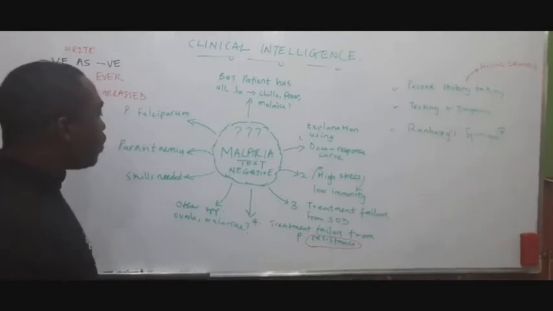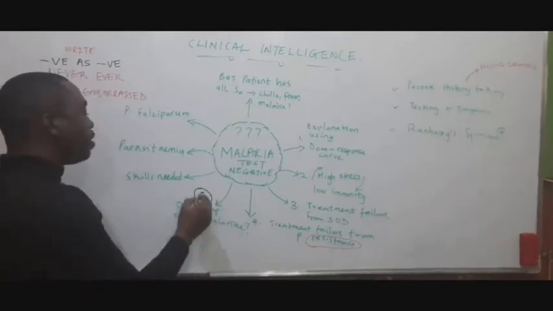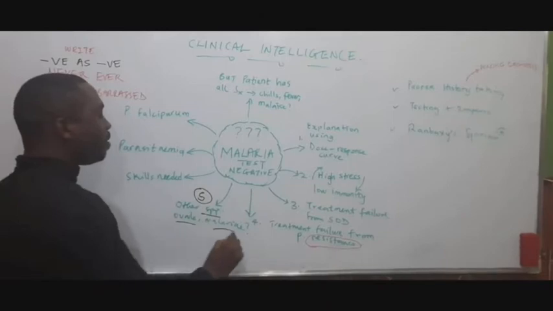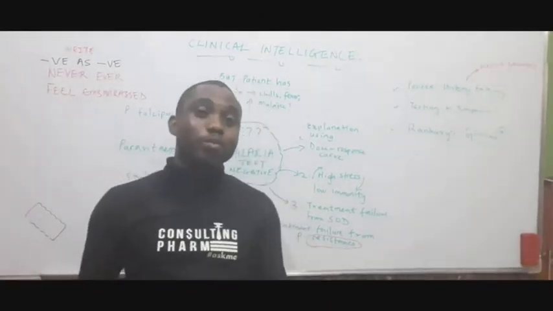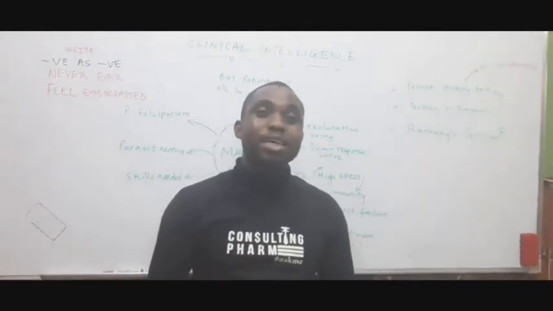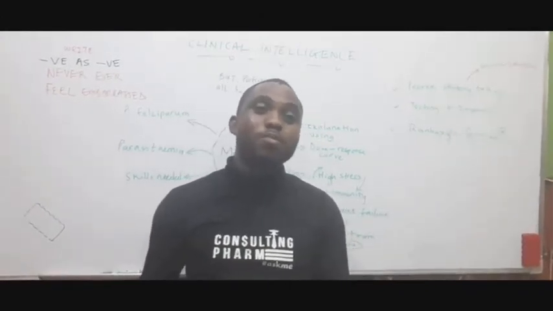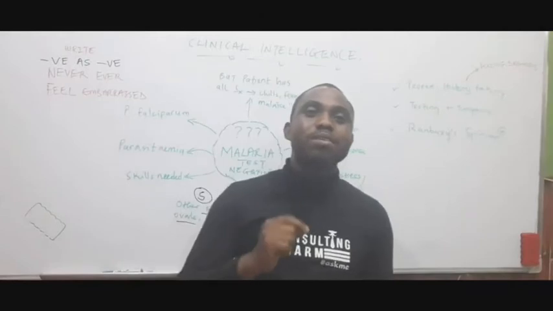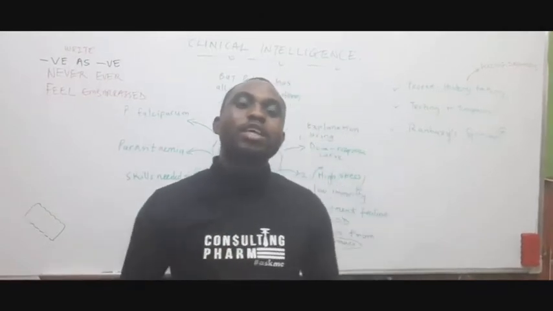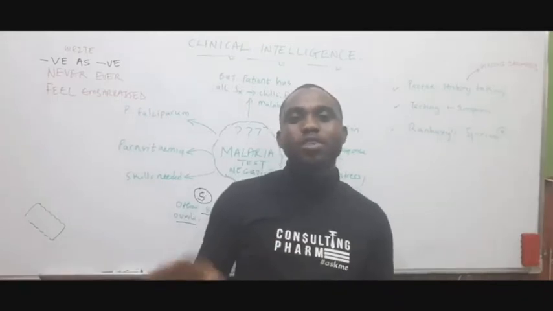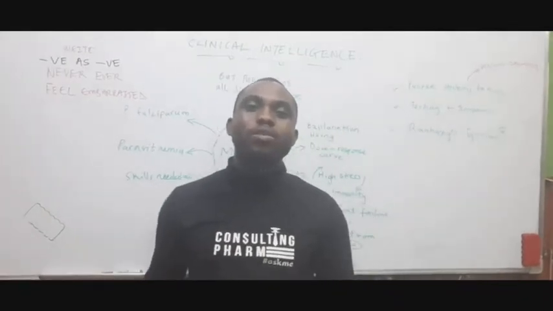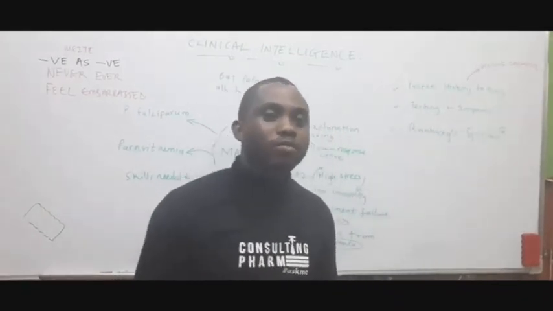Now, the other explanation could be that there are other species of malaria parasites involved beyond Plasmodium falciparum. The test kit that we generally use in this part of the world is basically designed to detect HRP2 of Plasmodium falciparum and not that of ovale or malariae or vivax.